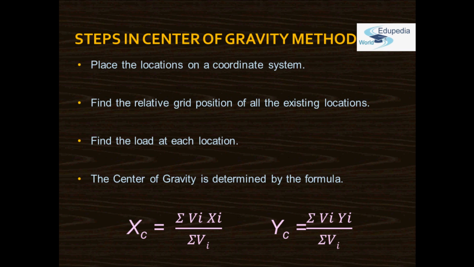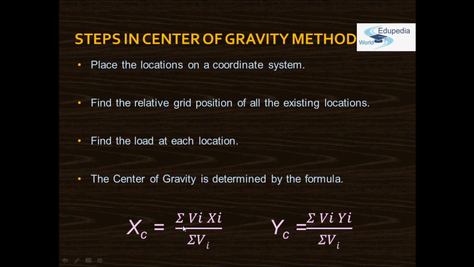Thereafter, we find the relative grid position of all the existing locations, and also we find the load at each of these locations. So once the grid position of each location is found, and also the loads at these positions, then the center of gravity is determined by the formula given here. We will have 2 points. One is the x coordinate, we call it xc, and another is the y coordinate, yc.